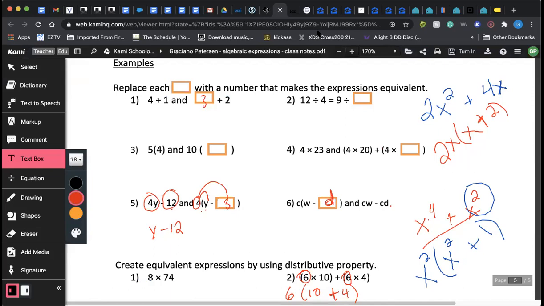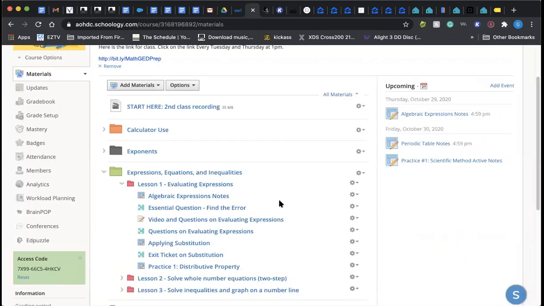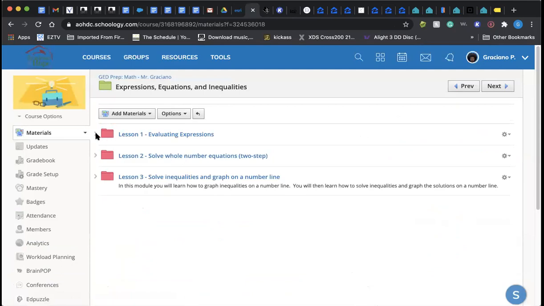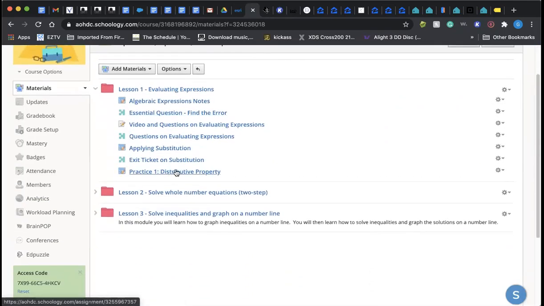Okay, so in your folder, there is an activity here to work on that a little bit as well. So in that expressions, equations, and inequalities folder under lesson 1, there's a short little practice on the distributive property to work through both ways of distributing and also factoring things out, right?